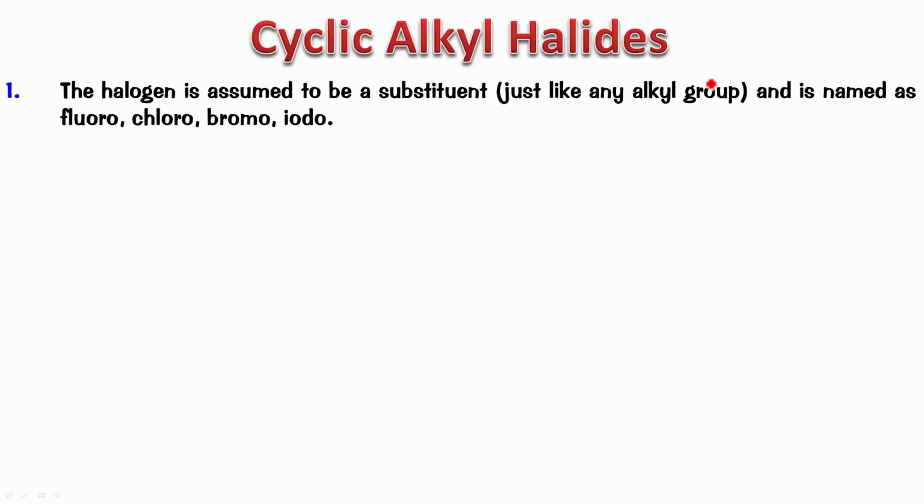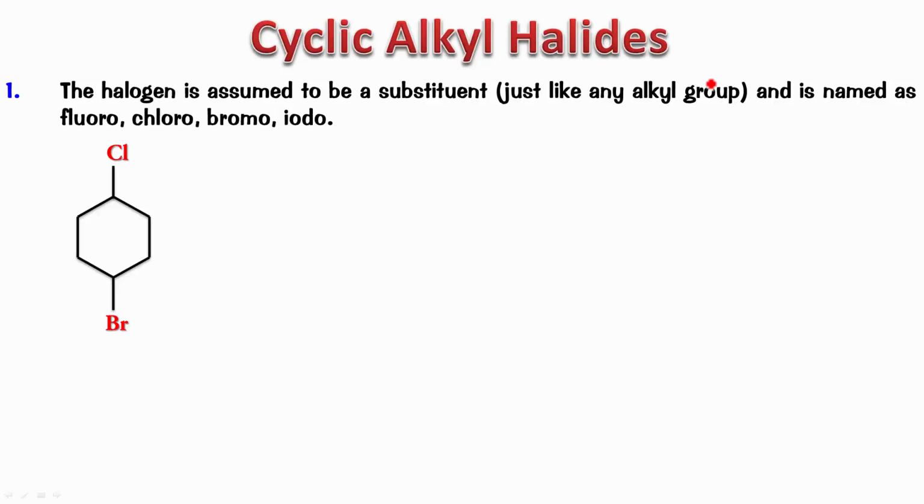So the way you would name a cycloalkane, you do the same naming, except now you have a halogen also as a substituent, and you will use that name. For example, try and name this.